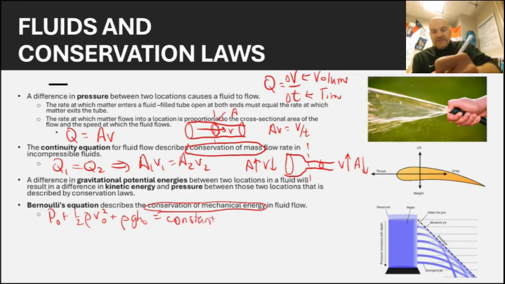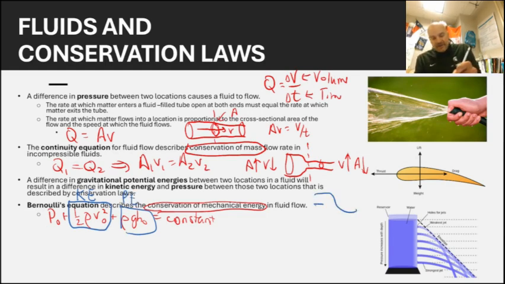When you break it down, this is our kinetic energy component, and this is our potential energy component. So what does that mean? If I have a pipe that looks like this, a height difference is going to cause pressure to change. If it's flowing through, that is going to cause speed differences and so forth.